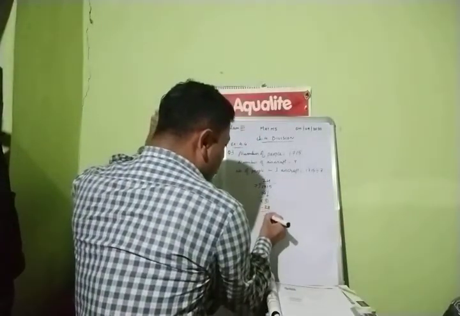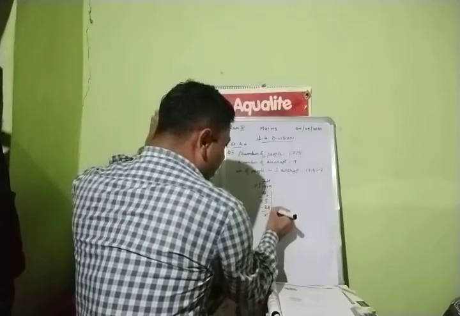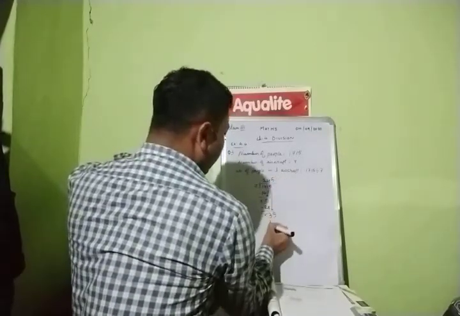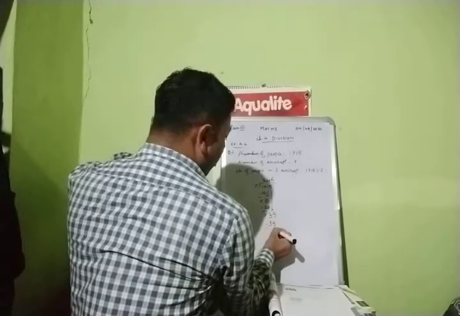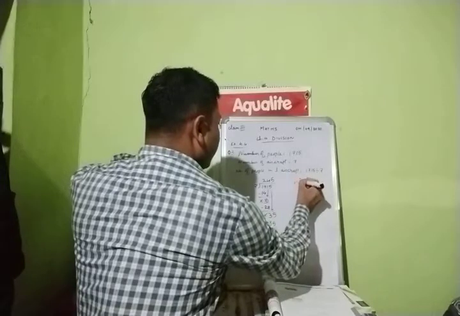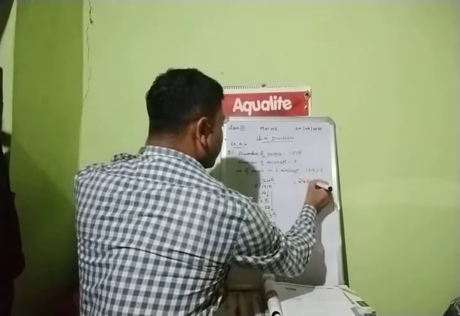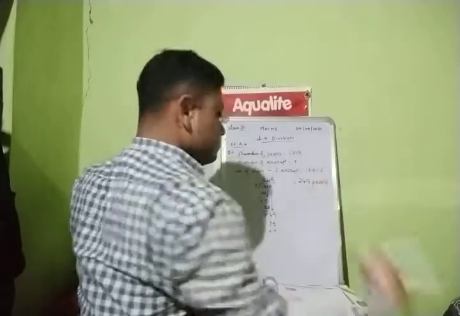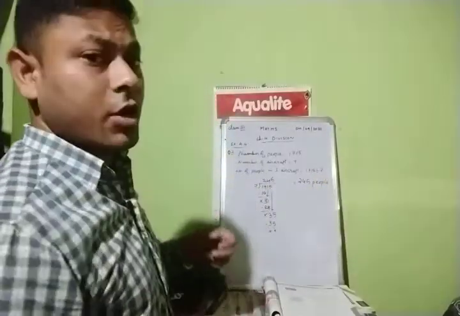Then 2 minus 2, 0. This 5 will come down. 7 5s are 35. So how many people are there in one aircraft? 245 people. Right, children? How many?